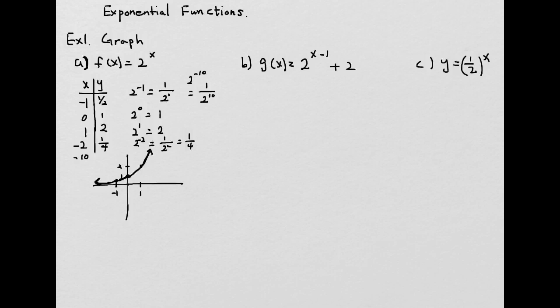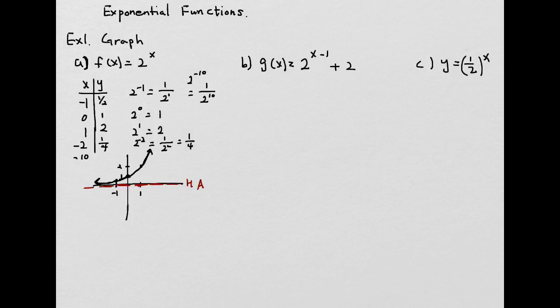Because no matter how small your x is going to be, your values become smaller, close to 0, but it will never be a negative number. So we know that we're going to have a horizontal asymptote here. Horizontal asymptote, that's the x-axis, right?